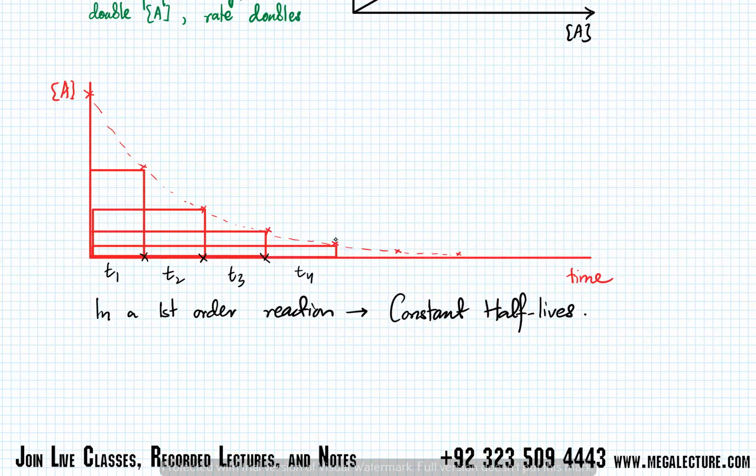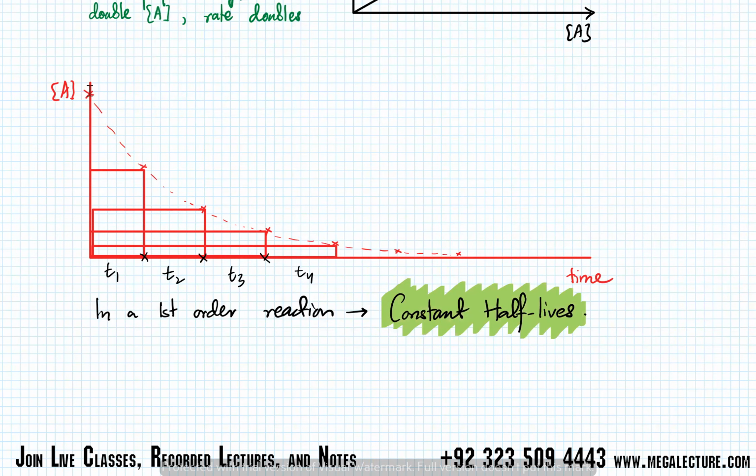In the paper you'll get questions where they may ask you to plot a graph, and from the graph figure out whether it is first order or not. For first order, you'll just draw these lines, like the ones I've drawn over here, and see if the half-life is constant. And you should know how to draw these lines.